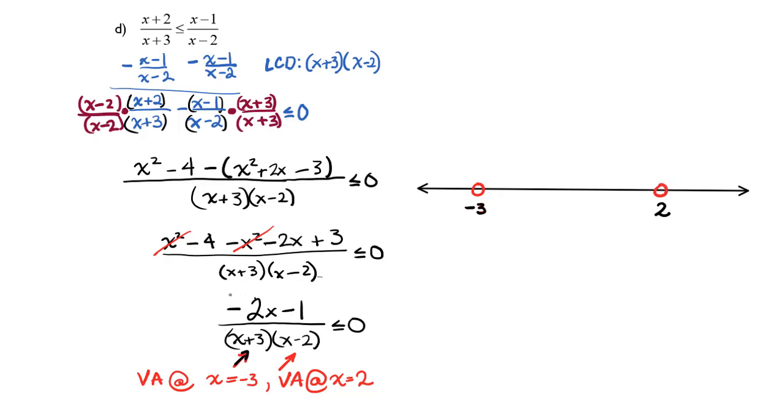If I take the numerator and set it equal to 0, so we have x is equal to negative 1/2, and so I'll put one more interval break at negative 1/2. Notice that I've included the endpoint at negative 1/2 because this is less than or equal to, and this is not in the denominator. This is in the numerator. So now I just break my number line up into intervals.